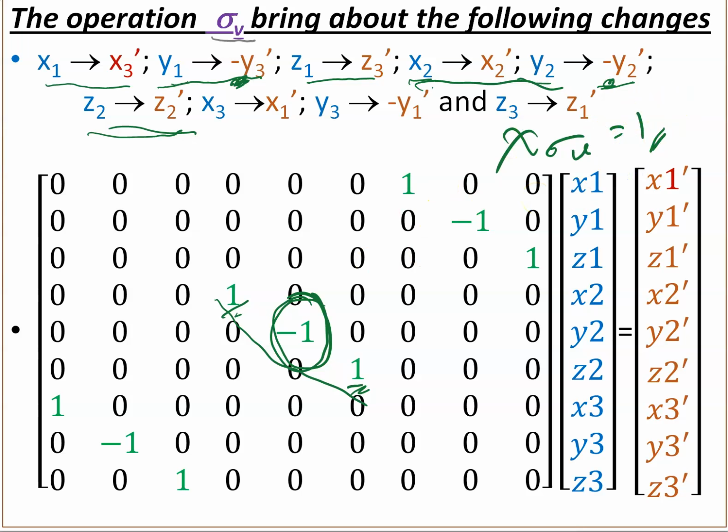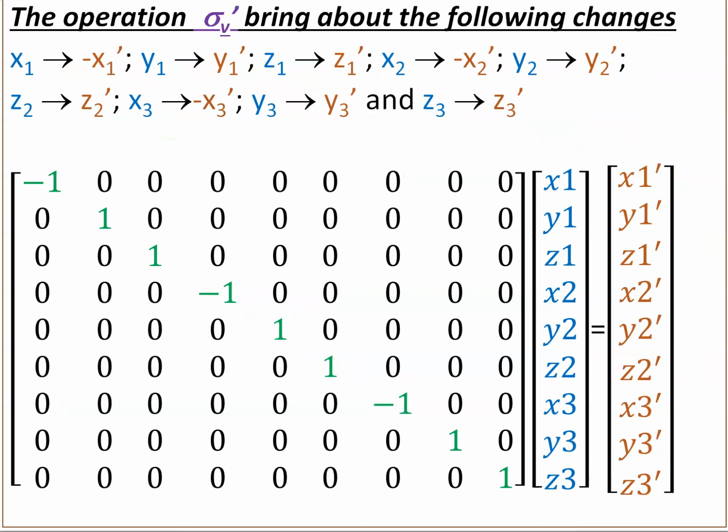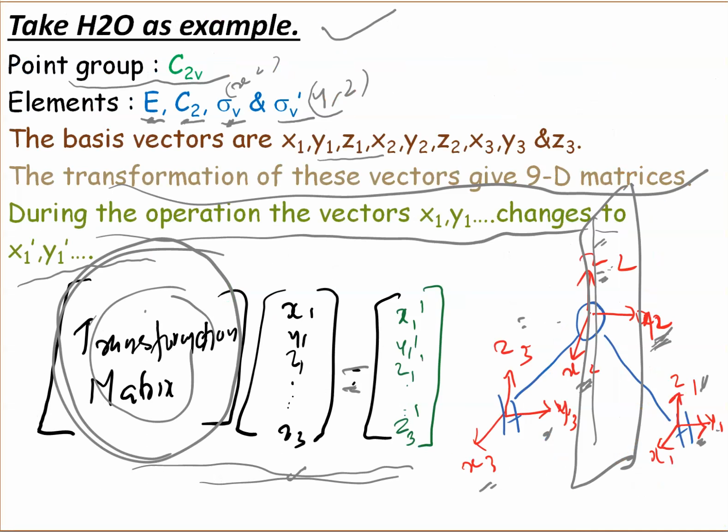Okay, and in a similar way, sigma v dash, actually sigma v dash is sigma v yz. And which is that plane? We can look back to our example. Okay, this is our example. In this case, the plane is the YZ plane, this is the Y axis, this is the Z axis.